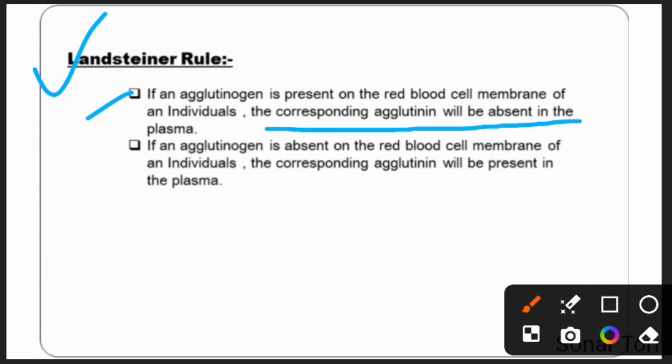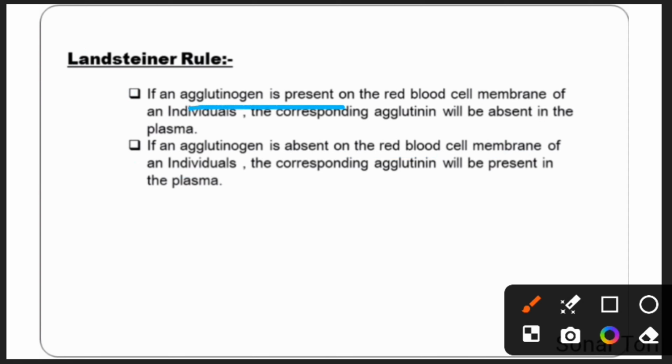So, if an agglutinogen or antigen is present on the red blood cell, its corresponding antibody will be absent. Or if the antigen is absent, then the corresponding antibody is present in the plasma. In the next slide, when we discuss the ABO blood group system, we will discuss this rule more clearly.